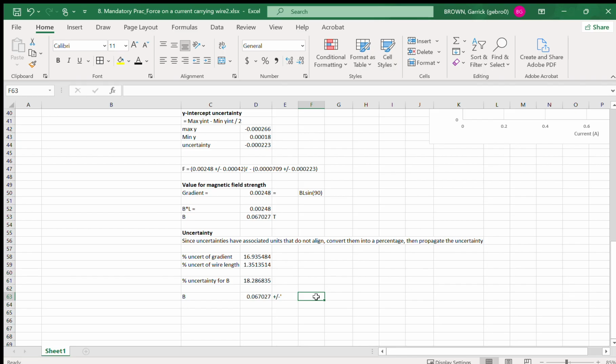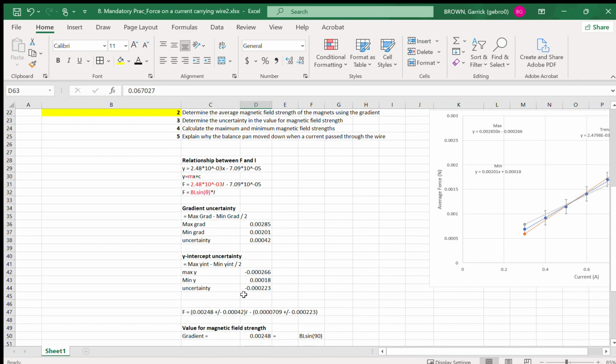So convert it from a percentage back into Teslas. So I'm going to multiply my answer by the percentage uncertainty. Okay, and I will get, just need to convert that into a decimal and out of a percent. So my answer says that my value for magnetic field strength is this, but it could be within some range.